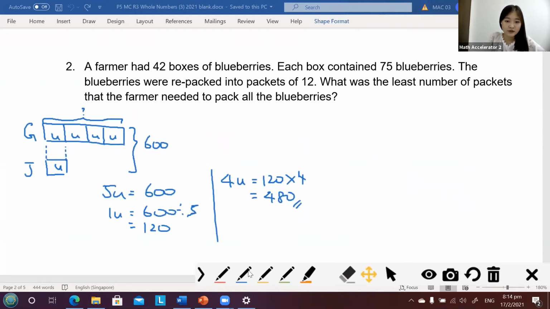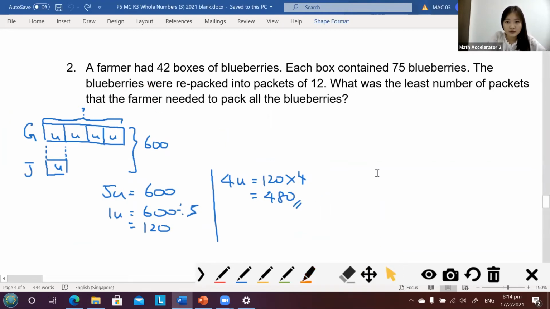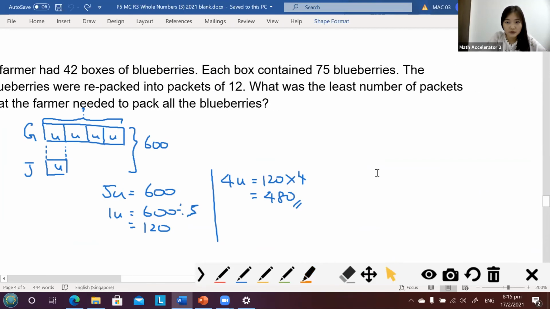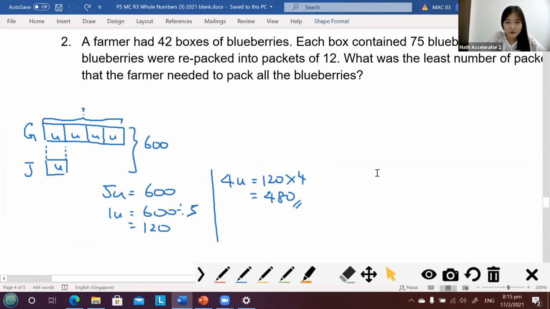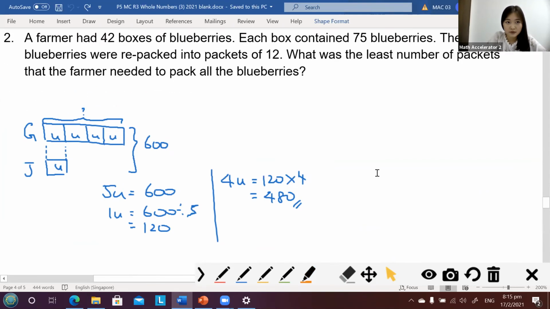I'll leave this here for a while if you're still copying. I'll make it bigger. Better? Right, a farmer had 42 boxes of blueberries. Each box contains 75 blueberries.